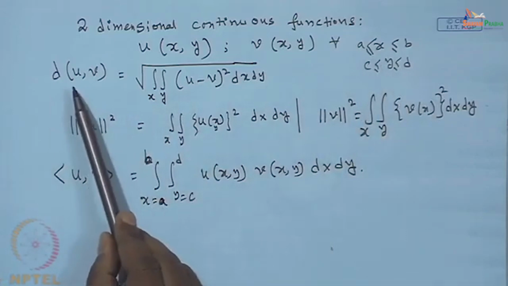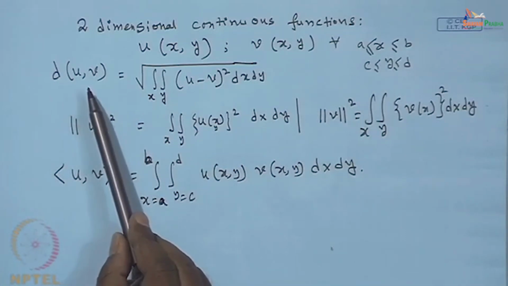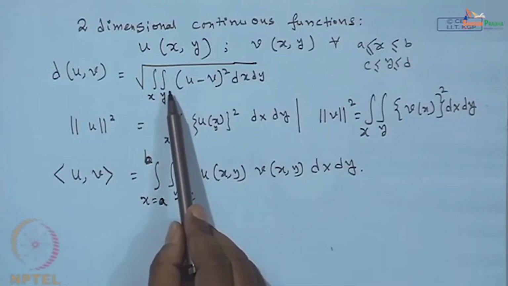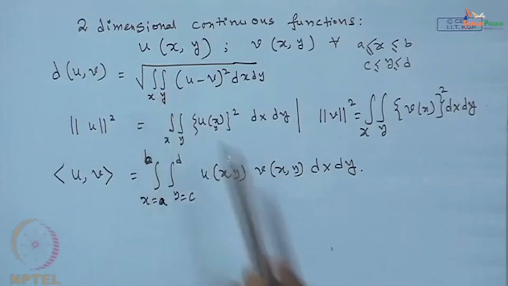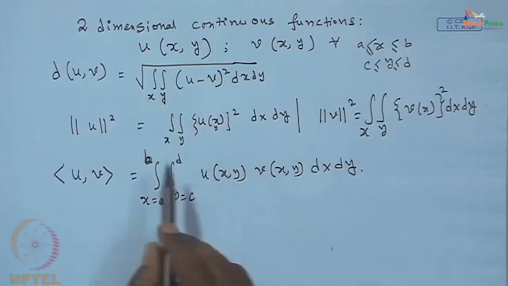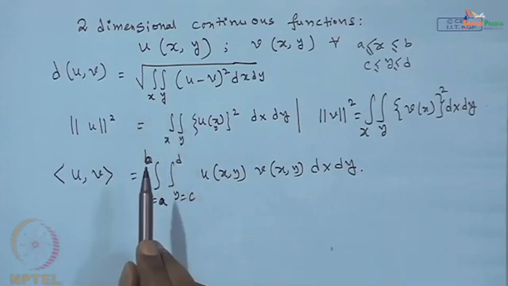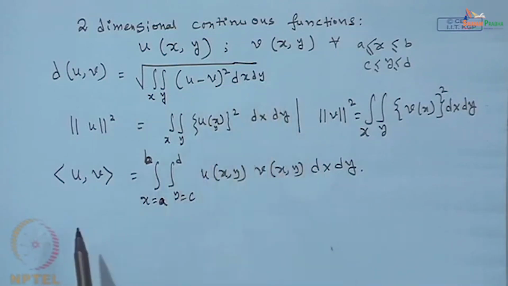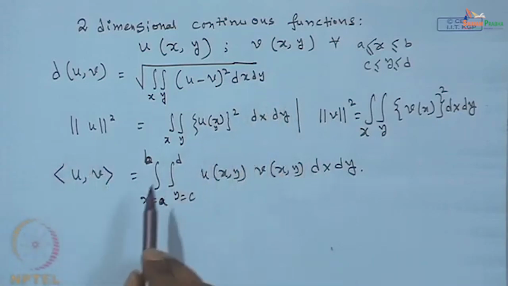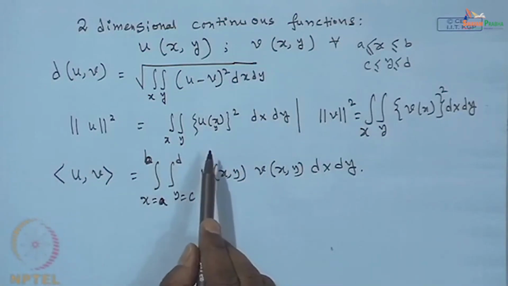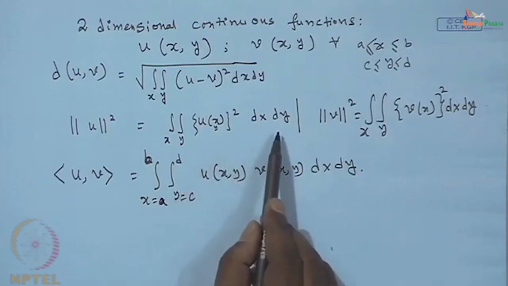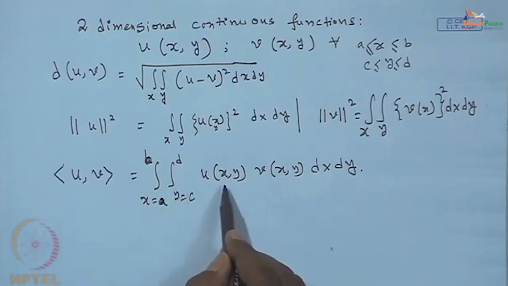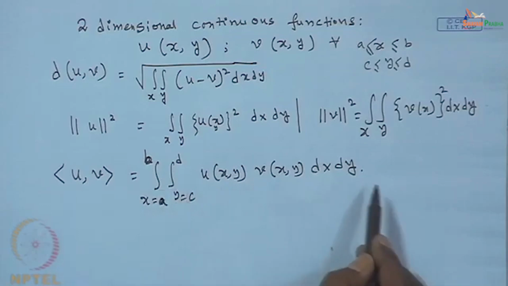One can get the metric between u and v as the square root of a triple integral over x, y and z of u minus v whole square dx dy dz. Similarly, the norm of u will be defined as the triple integral of u of x y z square dx dy dz, and the inner product between u and v as the triple integral of u multiplied by v dx dy dz.